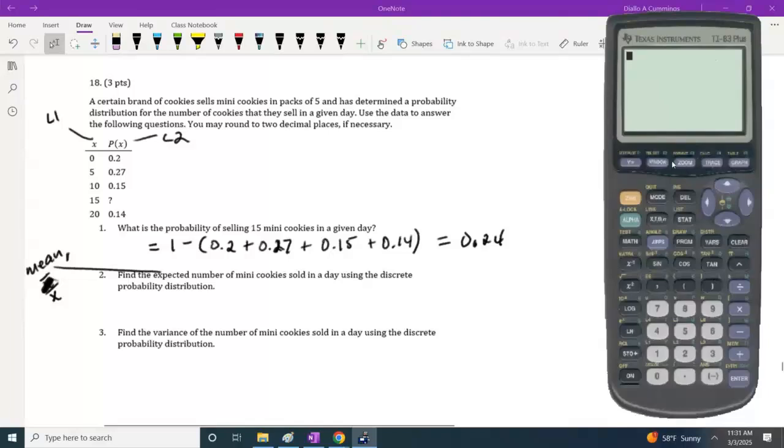I'm going to clear out my home screen. I'm going to go into Stat and hit Edit. I'm going to clear out these 2 lists by going to the very top of the list and hitting Clear and Enter. I'm going to put in the random variable and the probabilities.